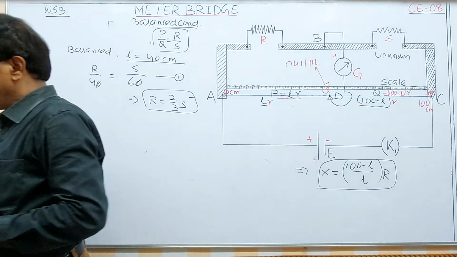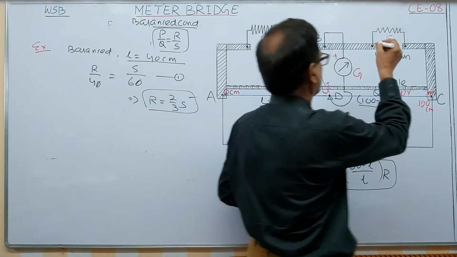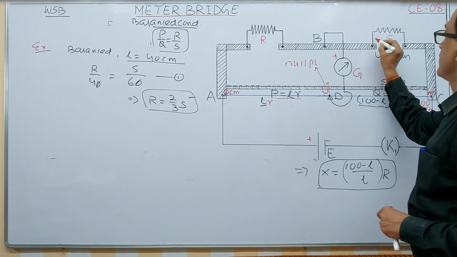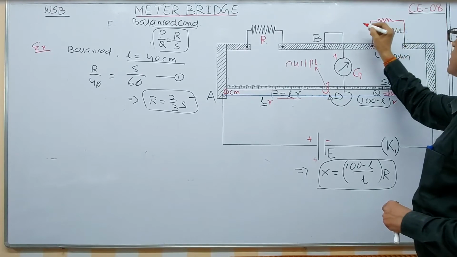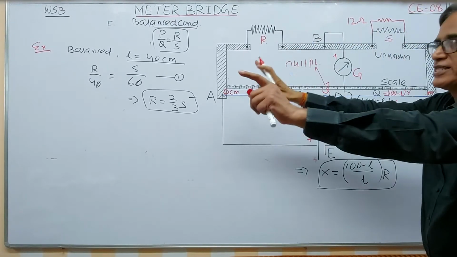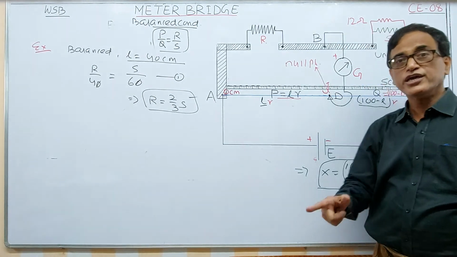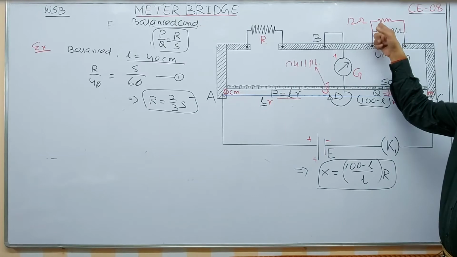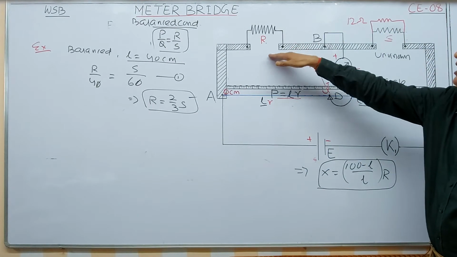Question is, if a resistance of 12 ohm is connected in parallel with this, if another resistance is connected, 12 ohm parallel. Practically you will face difficulties. If I connect another resistance, in this case, the balance point will be changed, because the resistance will be affected.